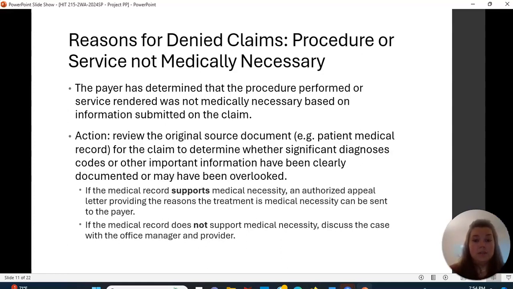So we need to look back, make sure it's there. If the medical record supports medical necessity, an authorized appeal letter providing the reasons the treatment is medically necessary can be sent to the payer. If the medical record does not support medical necessity, discuss the case with the office manager and provider.